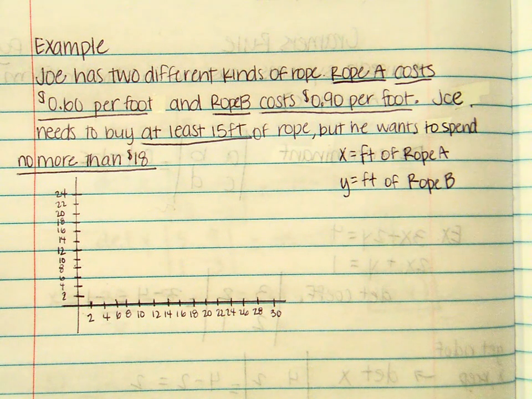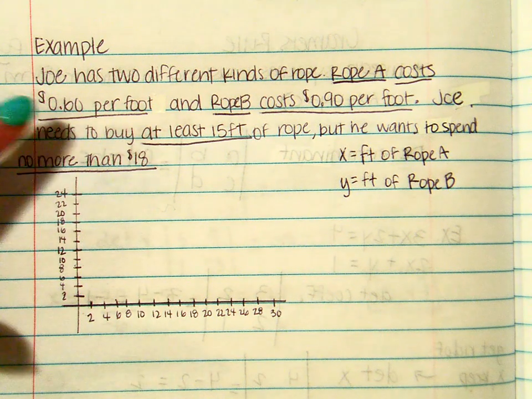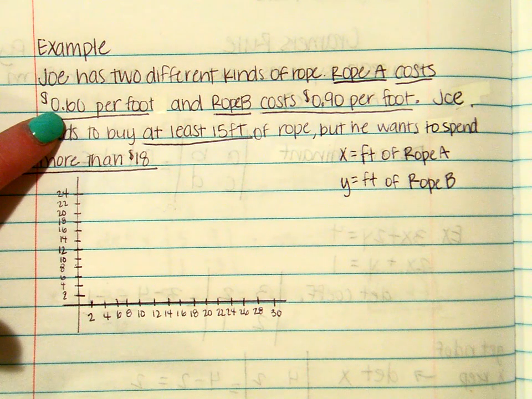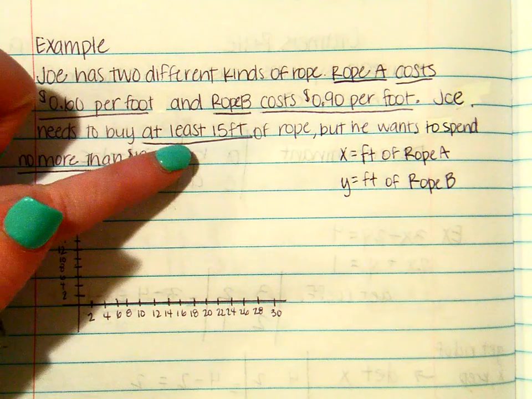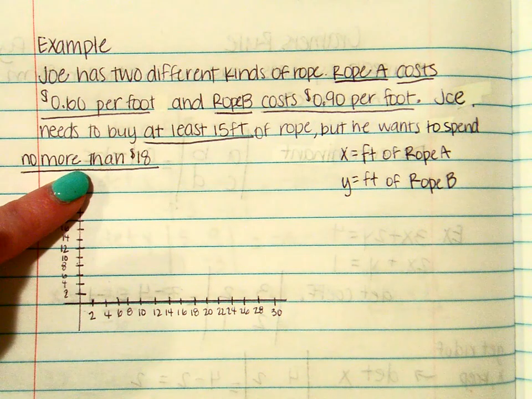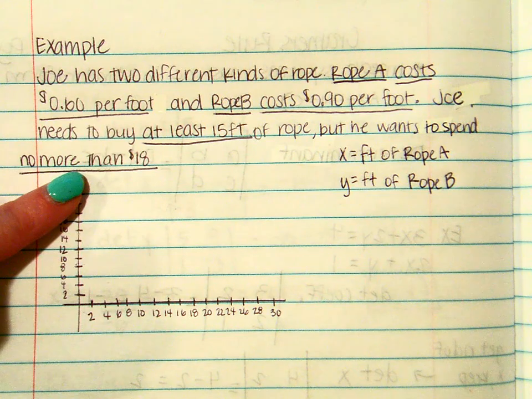So with these systems of inequalities, when you do the word problems, look for stuff that pairs together. For example, we've got the cost of each rope: rope A is 60 cents per foot, rope B is 90 cents per foot, and then we have how much he's actually wanting to spend. Put that information together into an equation.